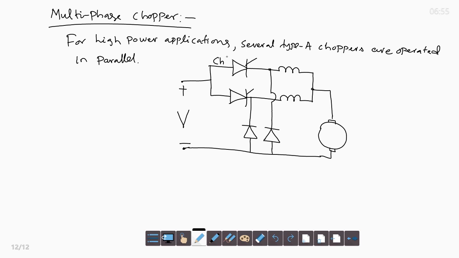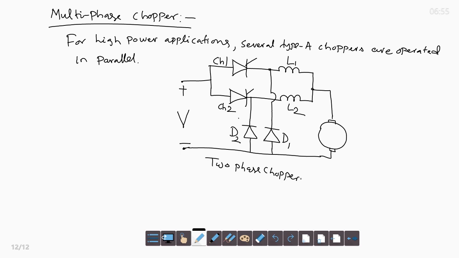Say CH1, D1 and L1 comprise one type A chopper, CH2, D2 and L2 comprise another type A chopper, operating in parallel. So this is a two-phase chopper. There can be a three phase or any number of phases of the chopper, depending on how many choppers you are operating in parallel.